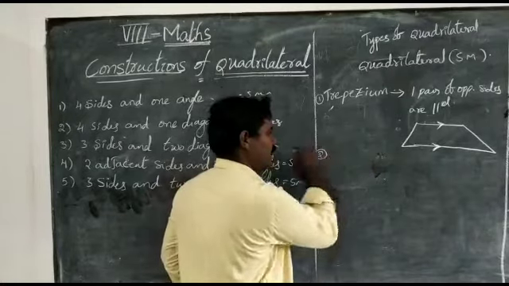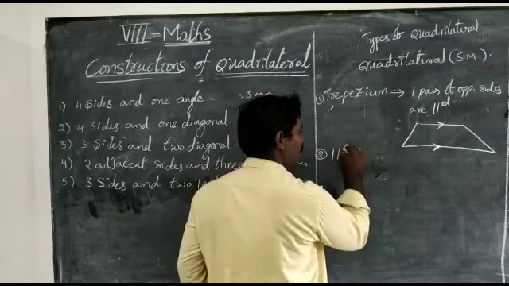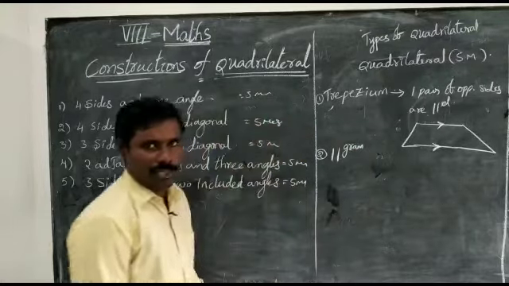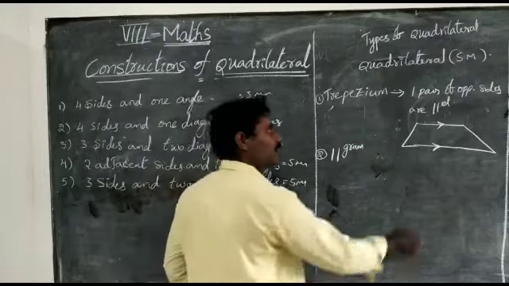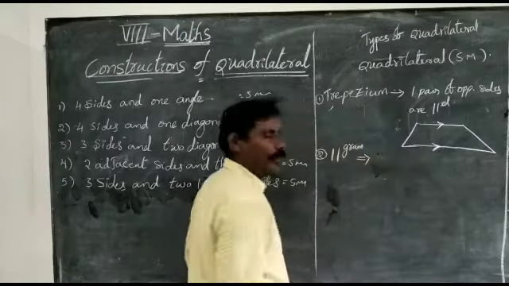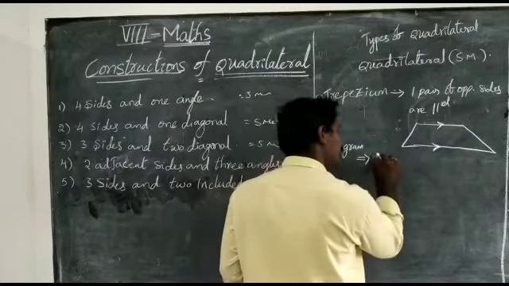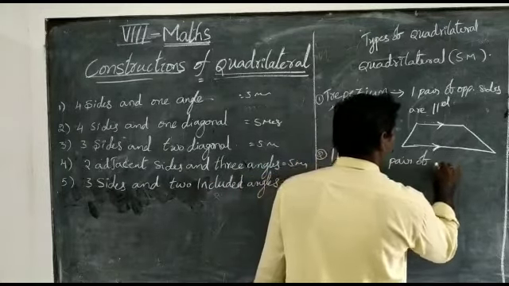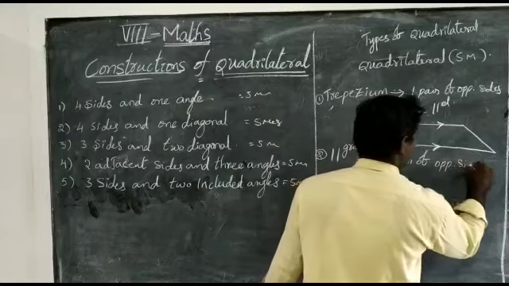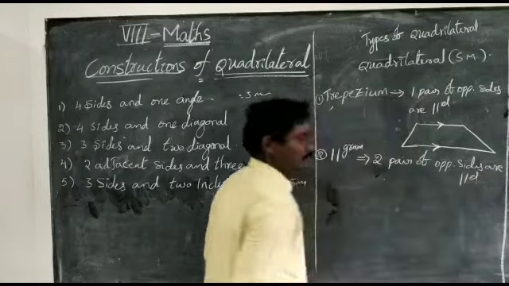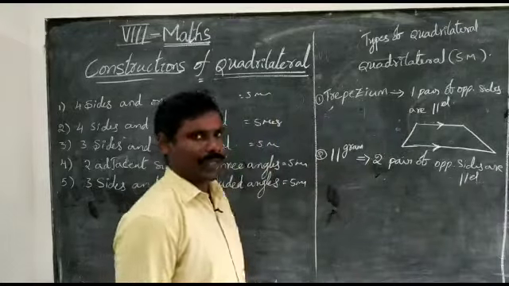And the second type, parallelogram. What is the parallelogram? Trapezium means one pair of opposite sides are parallel. If two pairs of opposite sides are parallel, not one side, now it is two sides.